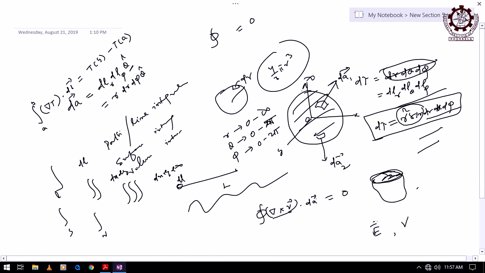One is the vector field intensity, another is the scalar field potential, be it magnetic or electric. And you know this electric field intensity can be expressed in terms of potential. What is that relation? Gradient. The gradient of potential at a point is nothing but the intensity. So you have to first understand what you mean by gradient.